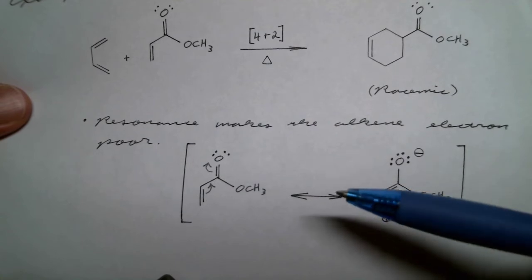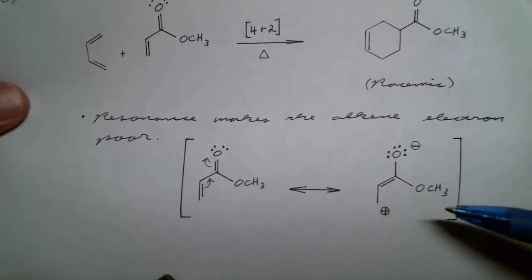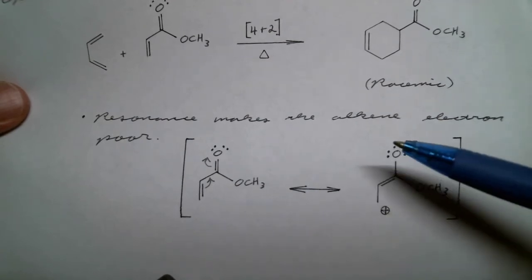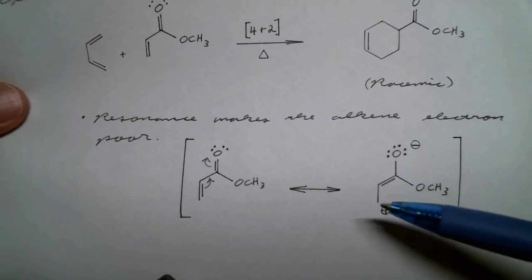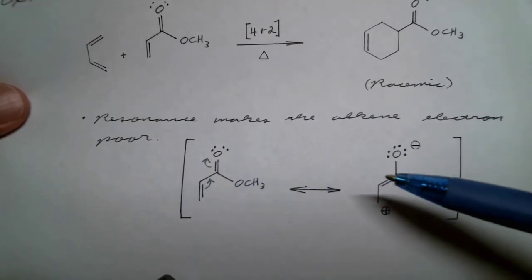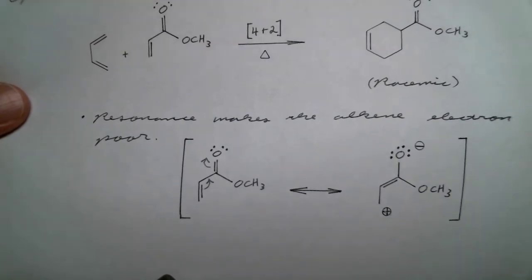You can definitely see that the alkene is electron poor by resonance, which we all know is not real. But hey, you can draw some resonance form where you've got a formal positive in the 2-carbon system that makes up your alkene, which is kind of neat.